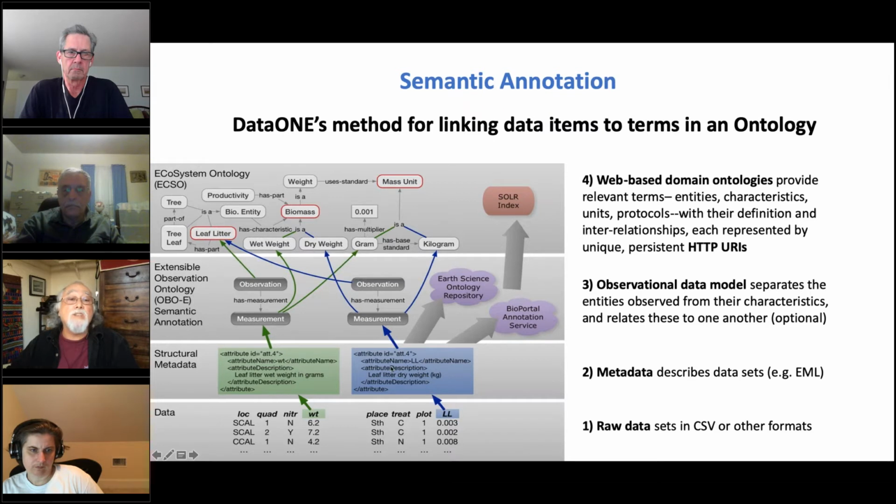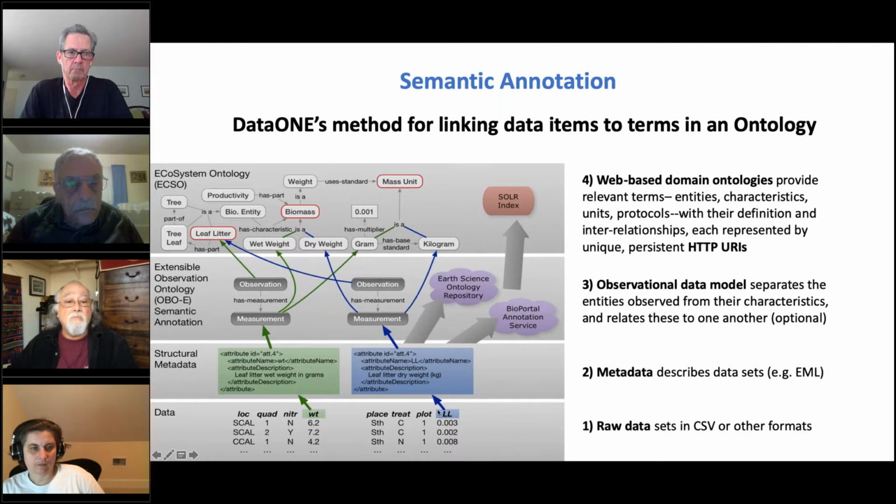So here now we're semantically describing the metadata. It can go through an observational model. Some of you may have heard of one called SOSA or SSN. We have one called Oboe. And then ultimately you get up here to the web-based domain ontologies. This is where I'm showing here the EXO ontology. This is where you'd have your soil ontology.